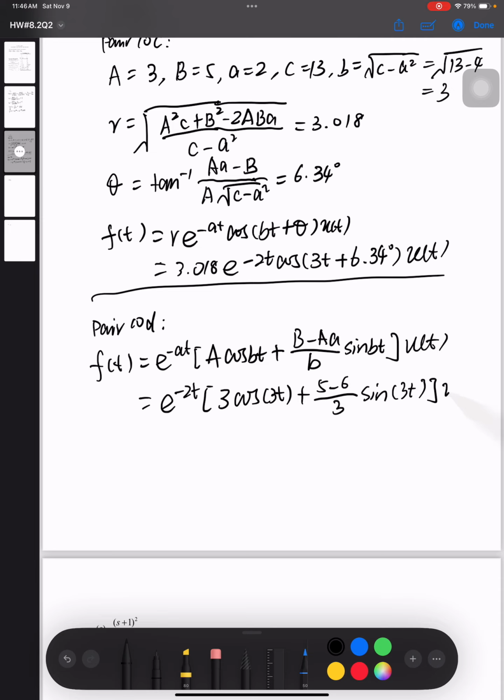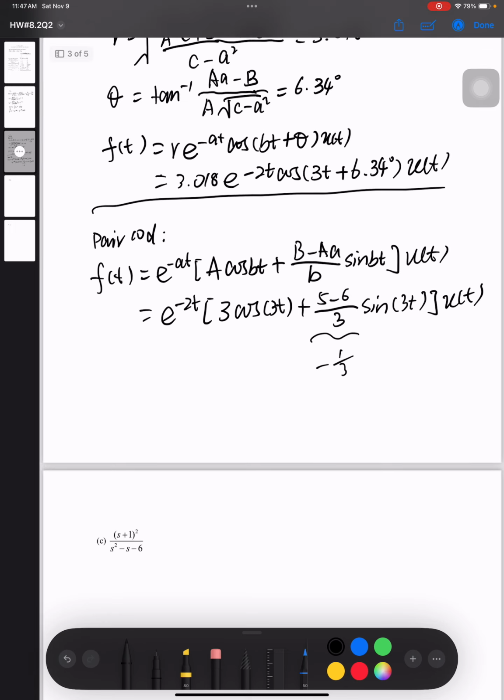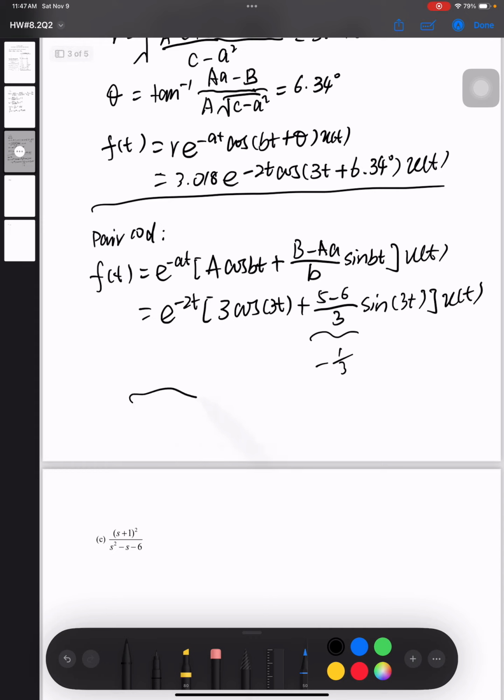This is minus 1 over 3. So both of these are answers to this equation.